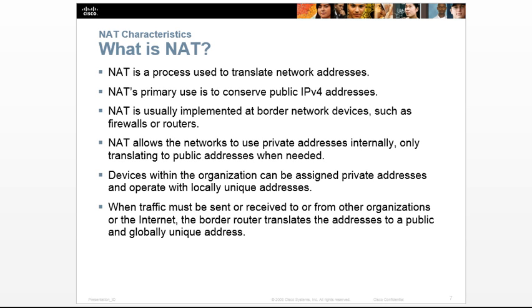Devices within the organization can be assigned private addresses and operate with locally unique addresses. Finally, when traffic needs to be sent or received outside or on the internet, the border router will perform NAT to actually get a public address to send the information out on the network.